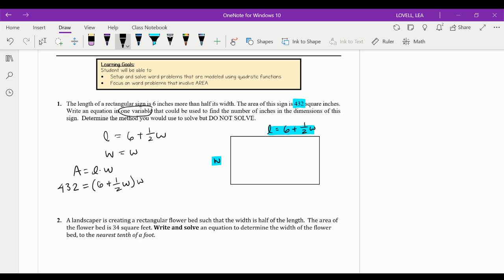So I would expand out the right-hand side in order to solve and simplify. Then I would solve it using, I don't really know what method is obvious at this point. So let's multiply it out and see what we should do. I'm going to distribute a W to each piece in the parentheses.